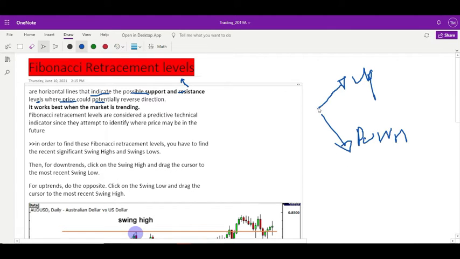So we are saying if this pair is moving in an uptrend, it won't go straight up, but it will have what we call dips, or it breathes, or it retraces. So it moves like this, then maybe it goes like this and this, going up, right? It doesn't move in a straight line, it's not a car, right?